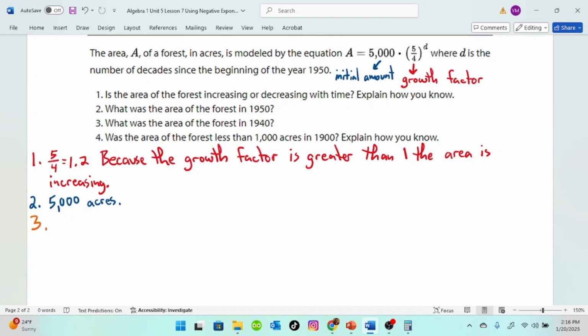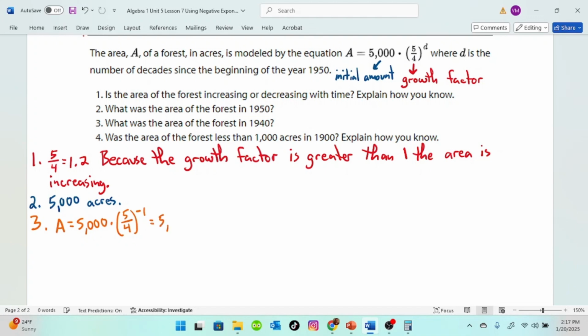Number 3. What was the area of the forest in 1940? Well, A equals 5,000 times 5 over 4 to the power of -1, because we're measuring in decades, and 1940 is 1 decade before 1950.